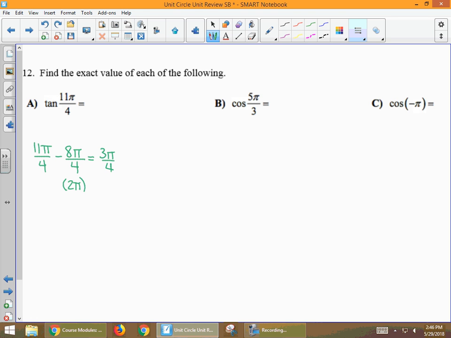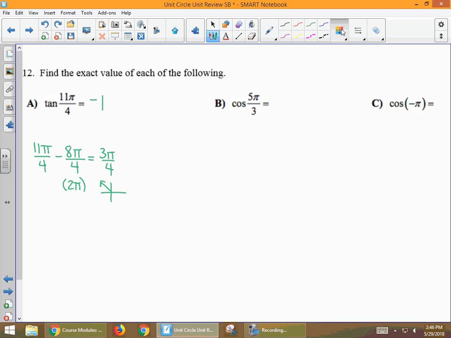That's the coterminal angle we're really working with. At all of our fourths, tangent is 1 or negative 1. And 3 pi over 4 is in the second quadrant, and in the second quadrant, tangent is negative.